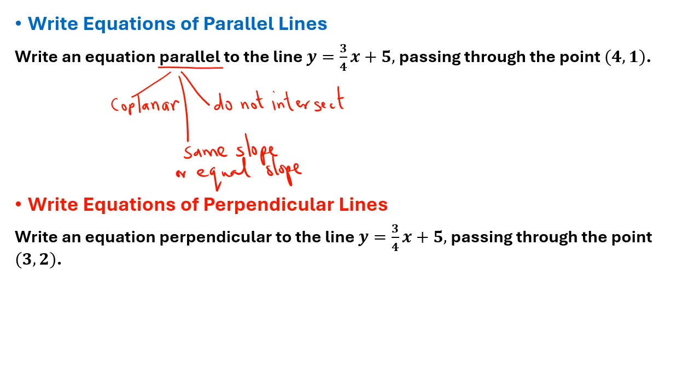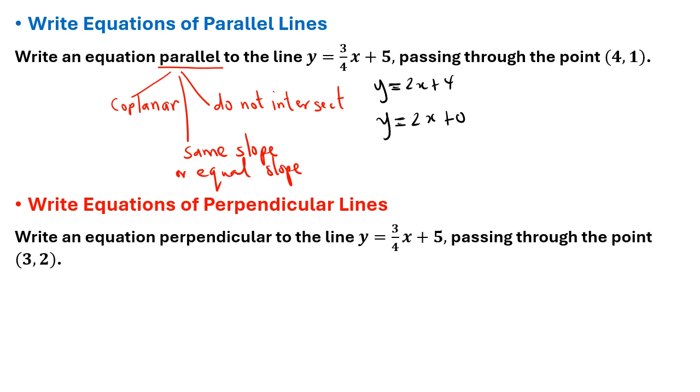For example, y equals 2x plus 4 and y equals 2x are going to be parallel to each other because they have the same slope, but they have different y-intercepts, which are 0 and 4.